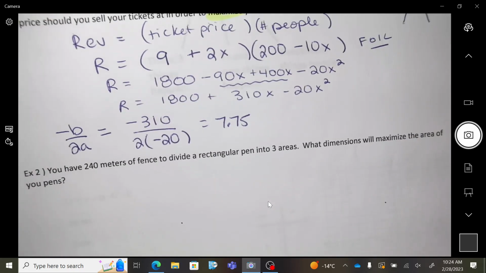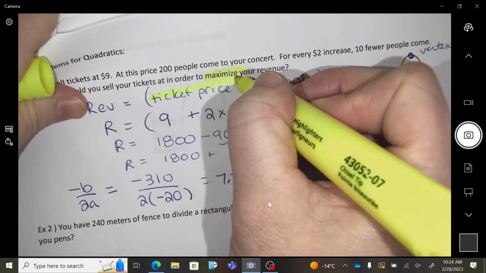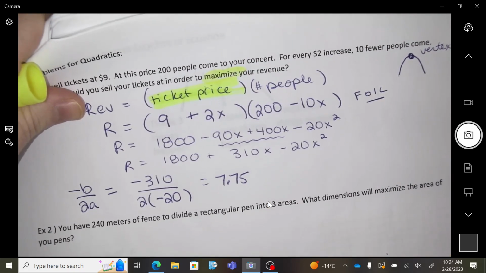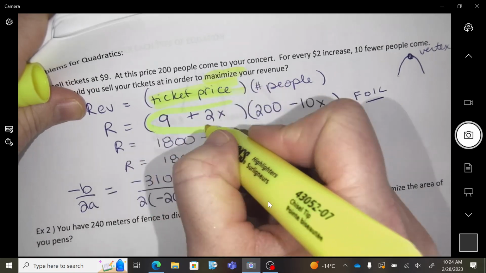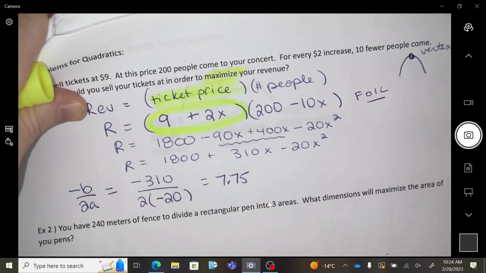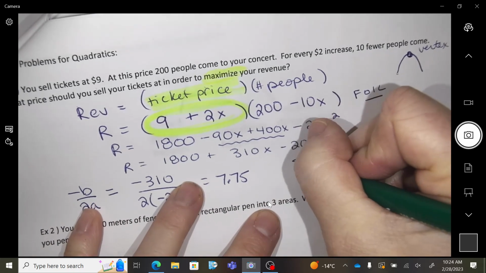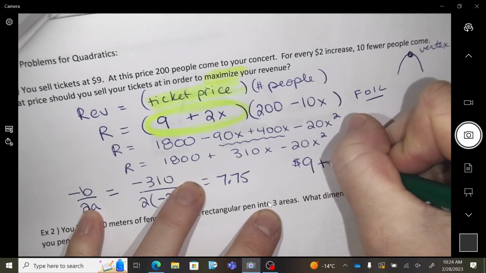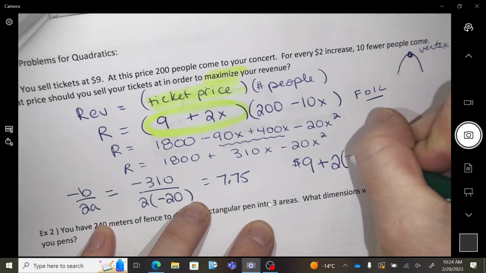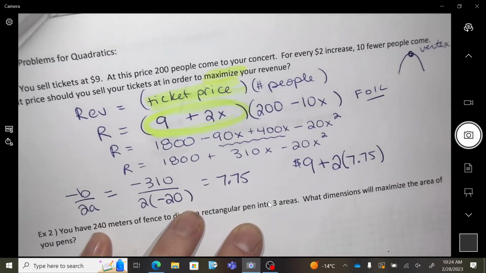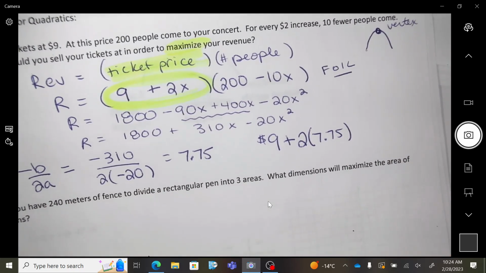If I want the ticket price, I need to plug it into the spot that says what's the ticket price. What's the ticket price? So the tickets were $9 and I added 7.75 times.